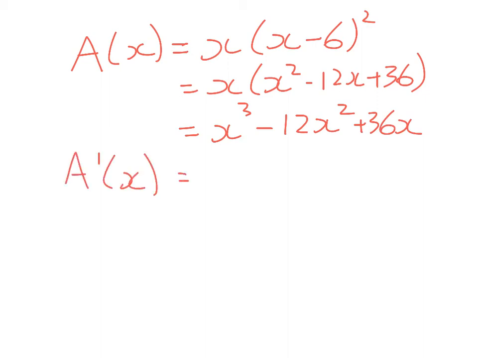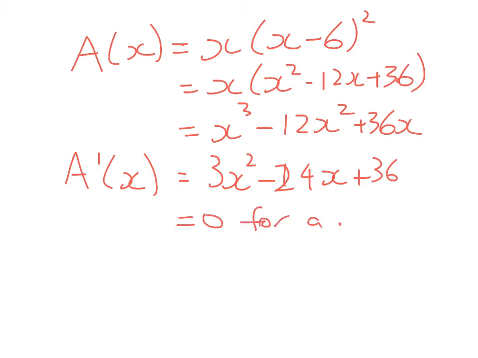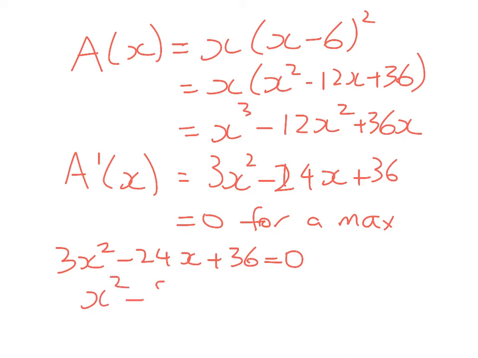The first derivative is equal to 3x squared minus 24x plus 36, and that has to equal 0 for a maximum. So what am I solving? Well, we need 3x squared minus 24x plus 36 equals 0. Dividing through by 3, I get x squared minus 8x plus 12 equals 0.